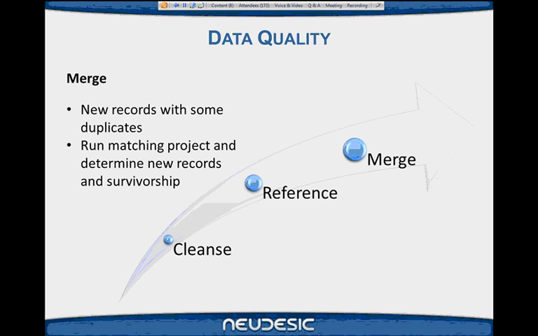The last piece in data quality services is merging records, understanding that new records with some duplicates will be coming through. The real benefit of this is it not only isolates merges that need to happen, but it also understands the matching. You could run a matching project through SSIS and determine new records and understand the survivorship.